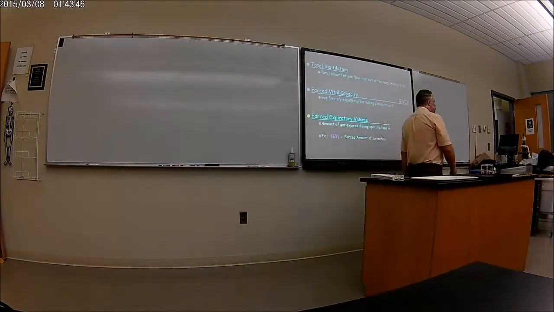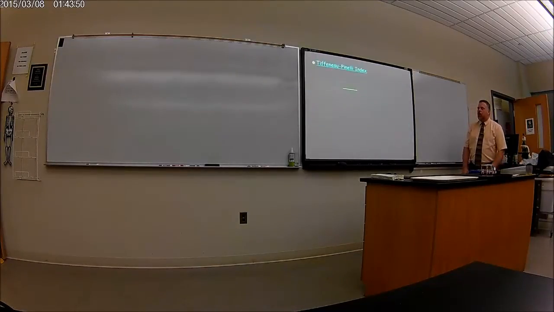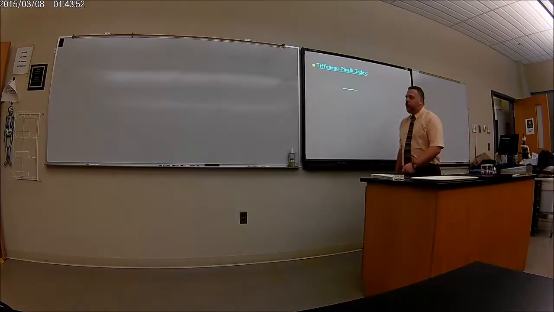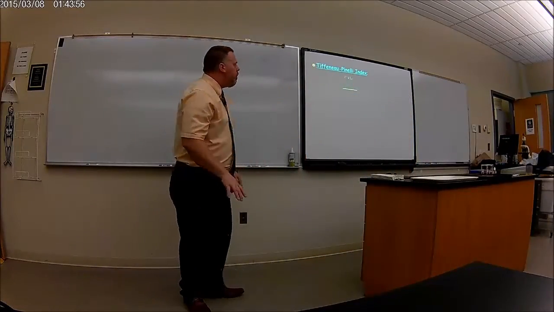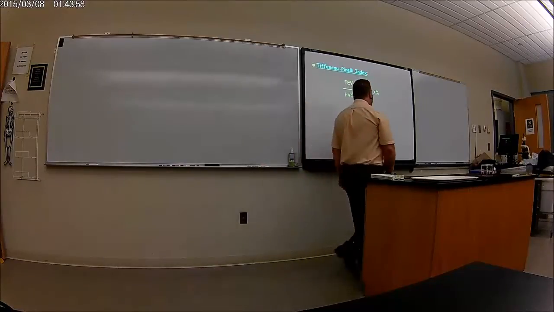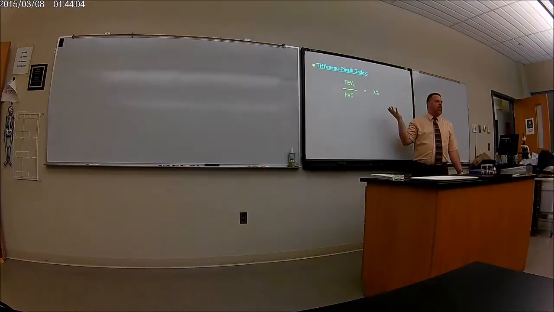So then we have this little formula. Yes, you'll have to do this for the practical exam. We have this formula called the Tiffeneau-Pinelli Index. Very easy to do. Okay? What you're going to do is get a percentage: how much came out in the first second of the total amount. It's a percentage. Does that make sense?